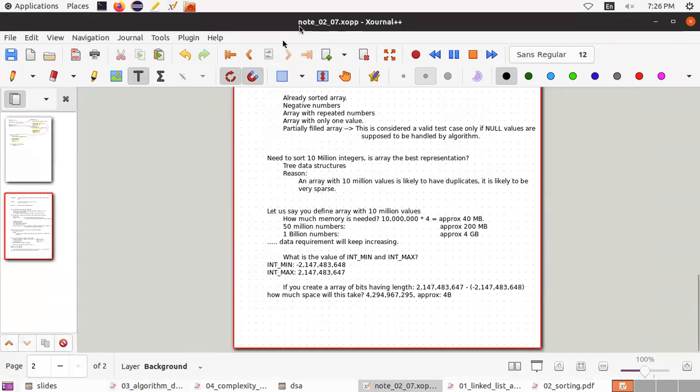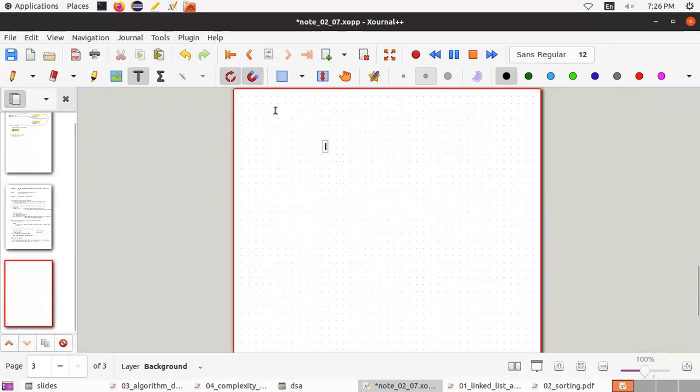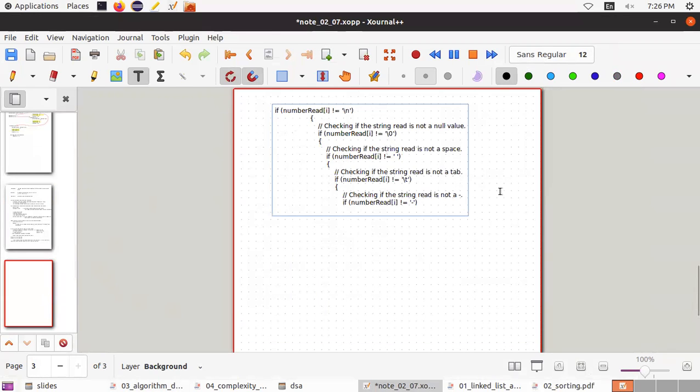There are some students who have written if loops in the following fashion. I don't know what is going on in their minds. I mean, why don't you write an if condition like this? The above is valid from C++ syntax, but it is a bad way to write code.